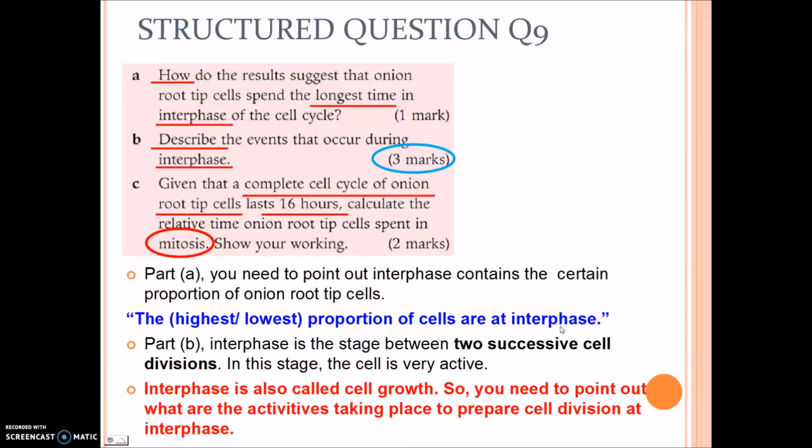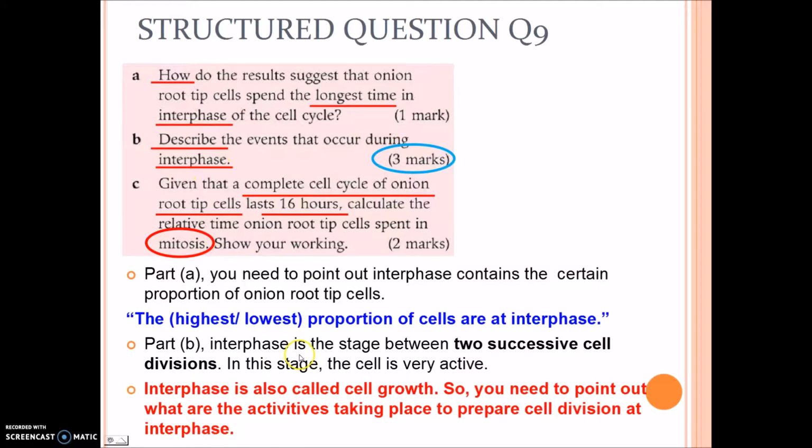Make sure that you know what you are going to talk about is the longest time, so you must be able to point out highest or lowest. Once again, it's better to give the number from the table. How many cells? What is the proportion? What is the percentage? If you can give it, very good.